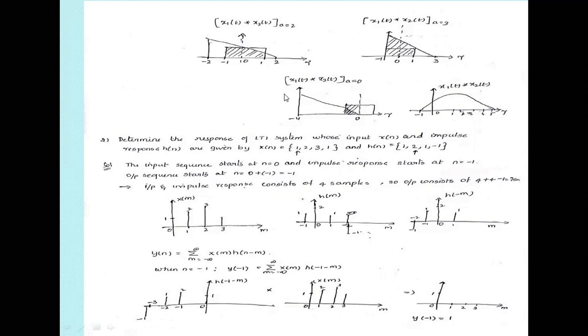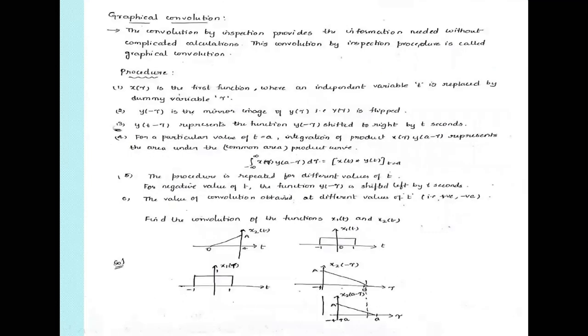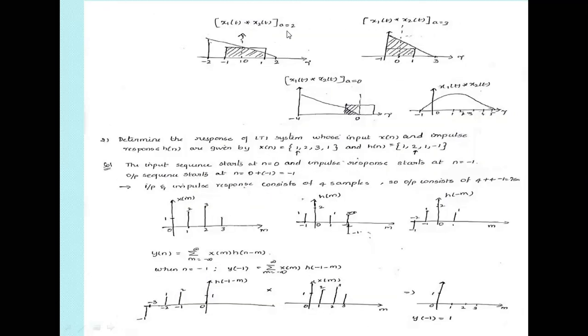Previously I told that t is equal to 1, at t equal to 0 and t equal to 1. Now it is t equal to 2, and then t equal to 3. Now we'll draw the graph for that also, and t equal to 2 means x2 of 2 minus tau.